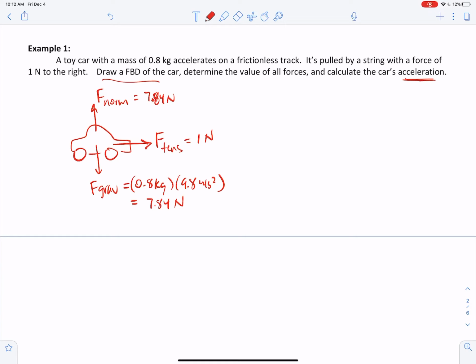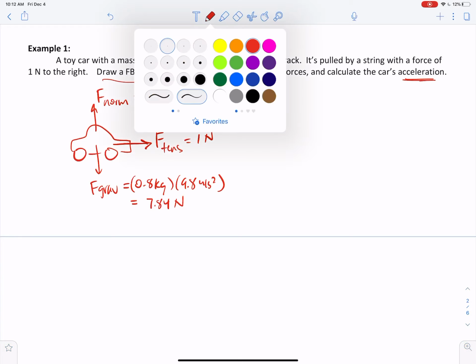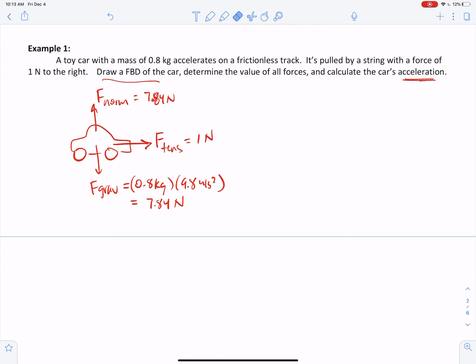So first, I want to determine the net force. The net force, okay? As a reminder, the net force is the sum of all forces. So this force vertically, the normal force upwards and gravity downwards are equal and opposite. So the net force in the vertical direction is going to be 0.